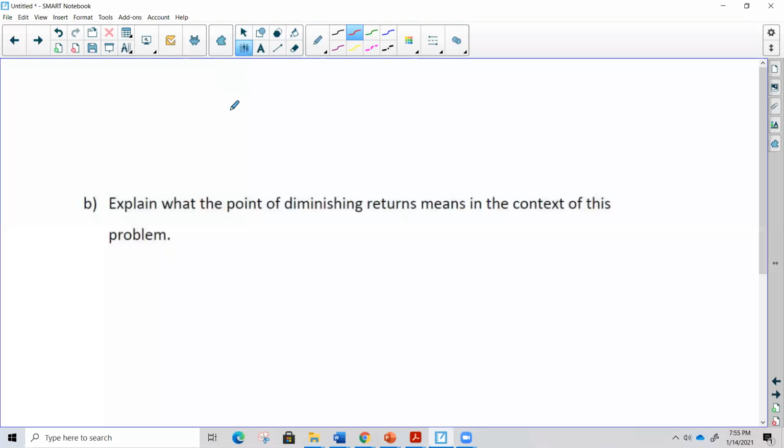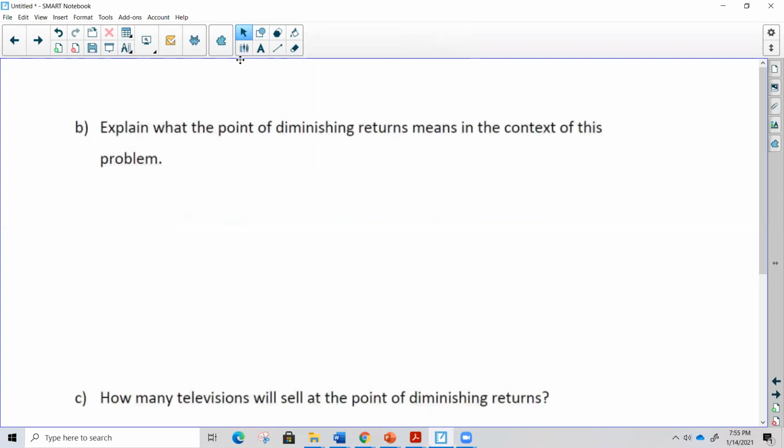So B says, explain what the point of diminishing return means in the context of this problem. One thing we should make sure of, either by graphing or checking the first derivative, is that my function should be increasing the whole time on my interval from 0 to 9.